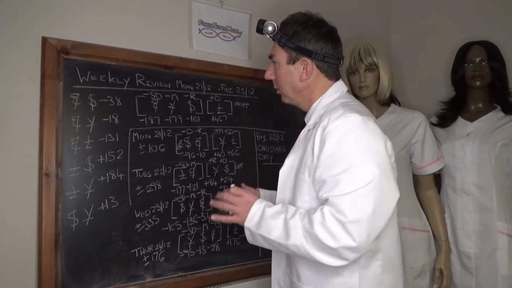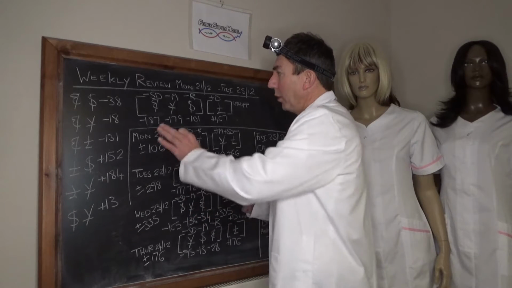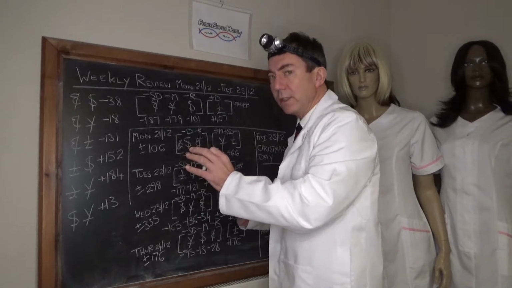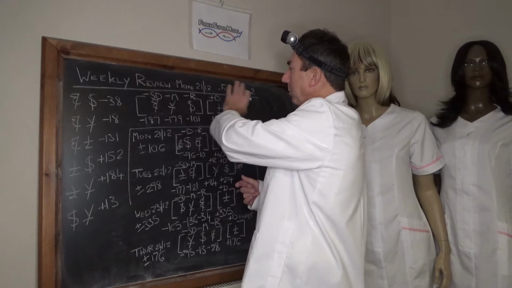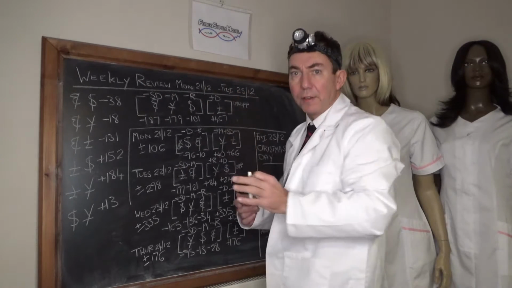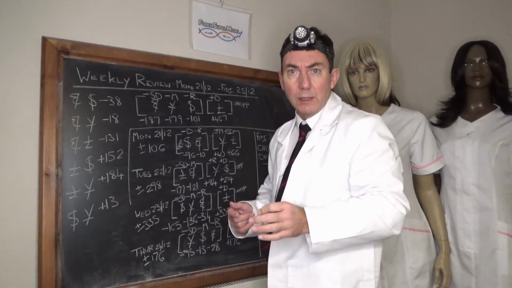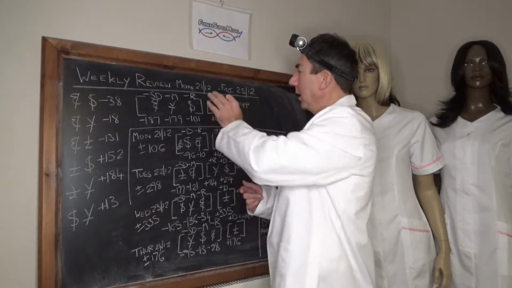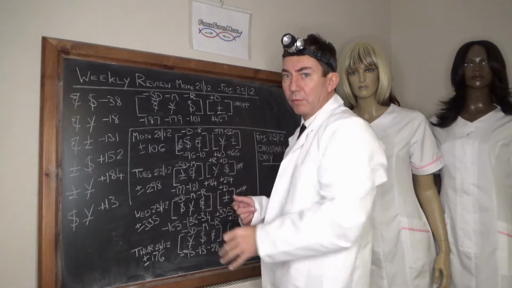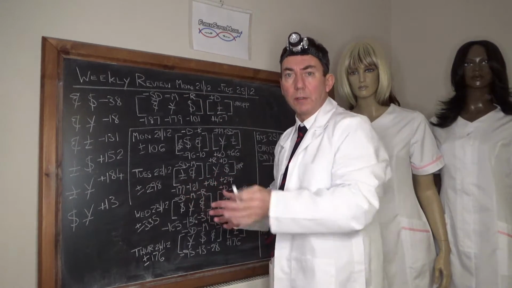If you look at the weekly flows, these are the flows that happened between the 21st and the 25th, and the market was actually shut on Christmas Day, which was yesterday, the 25th. So we've got a shortened trading week of 4 days.